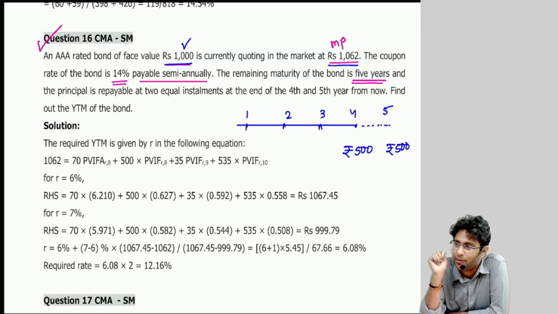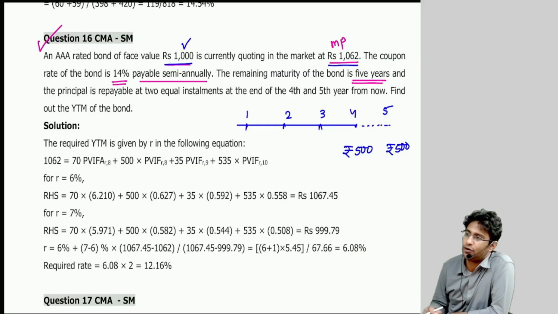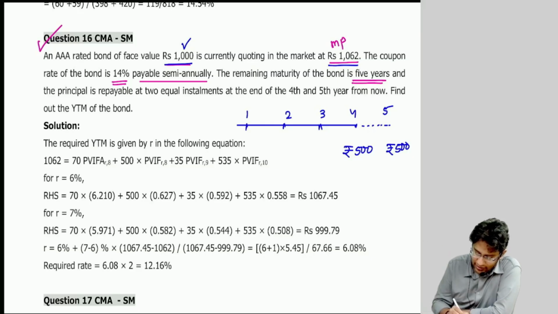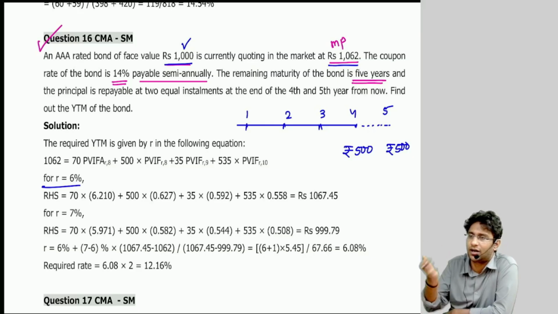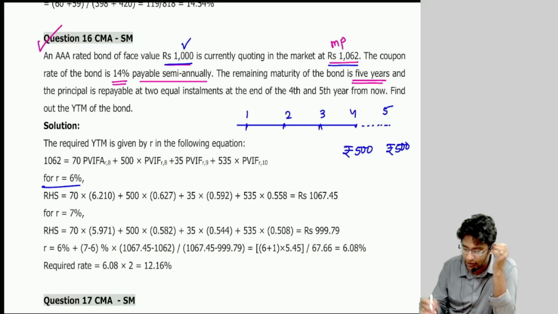A bond trades at premium only in the third case, where the required return is less and the coupon rate is higher. The coupon rate is 7, so the required return should be something less than 7. Otherwise a bond will never trade at premium. Less than 7, but how much? I do not know, so what will I do? Trial. So do one try: 6%. A student directly took 6% and tried, but what is the logic?